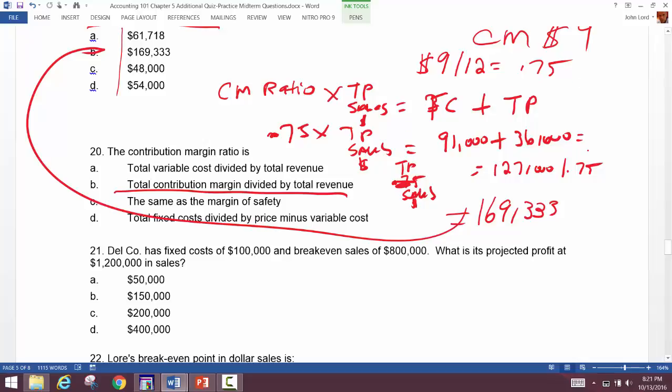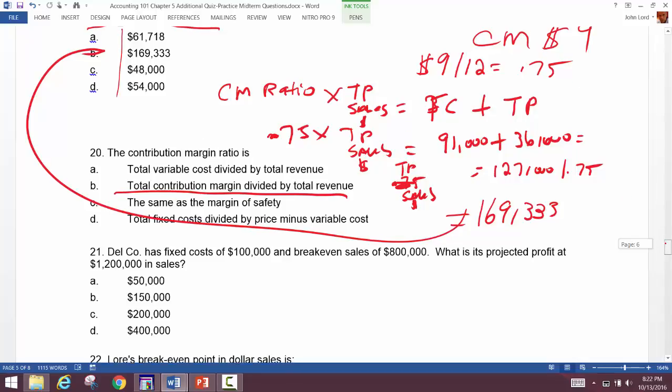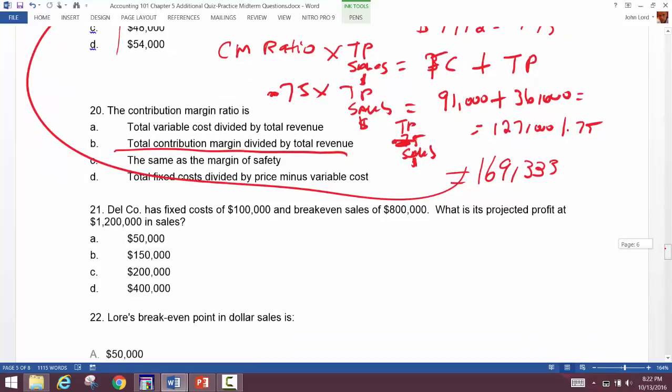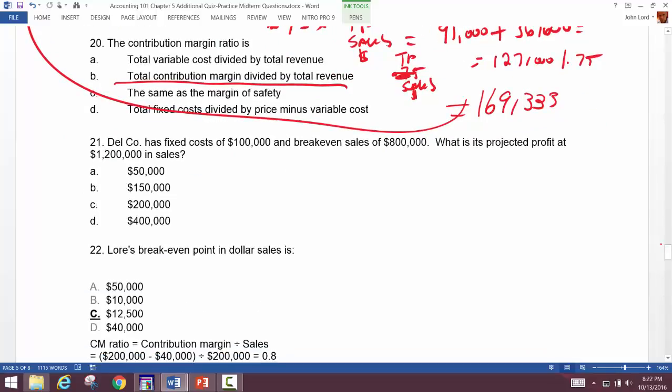Okay? Okay, good. Now, this is the type of question here, number 21, that I'm talking about, that you get on the exam, and if you've gotten used to now just mechanically saying, okay, fixed cost divided by contribution margin ratio, that's all I got to remember, you're going to run into a problem with a problem like this because it doesn't work like that for this problem. You got to set it up the way I talked about, and that then helps you to untangle and get to the answer, right?